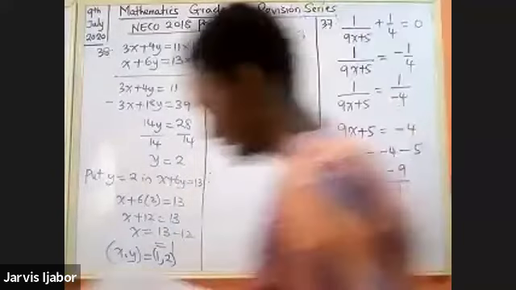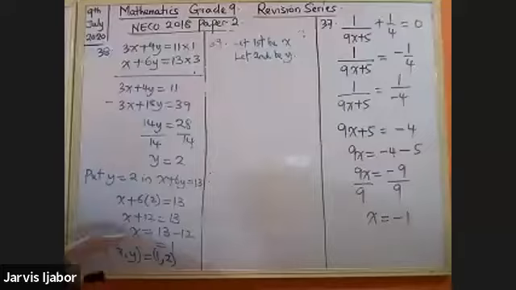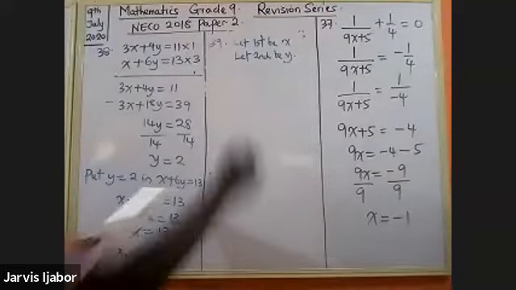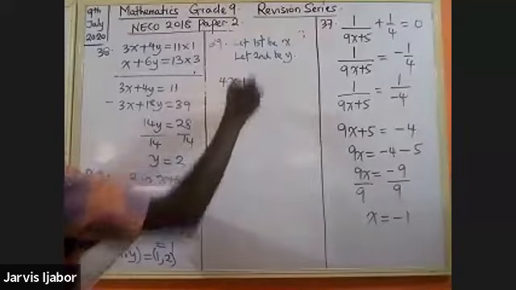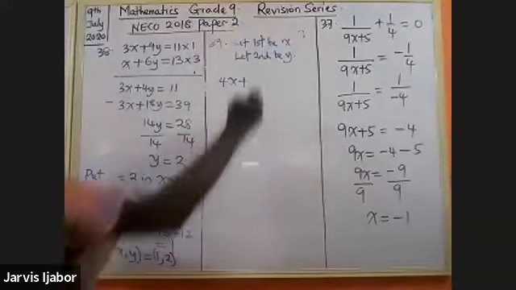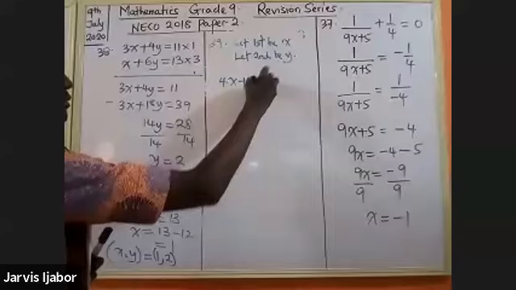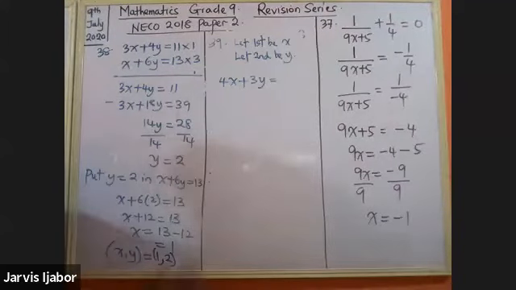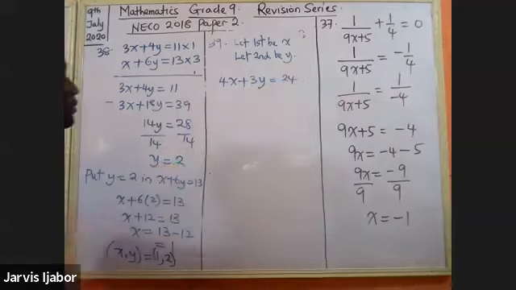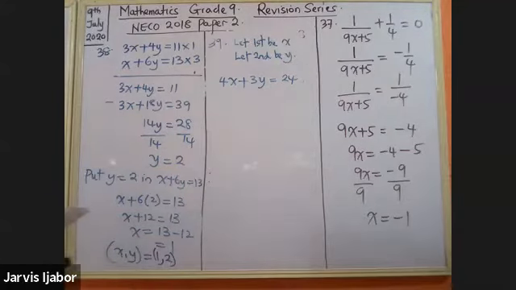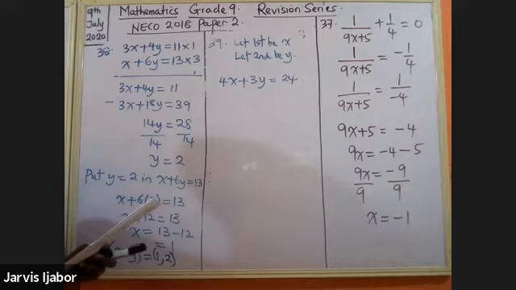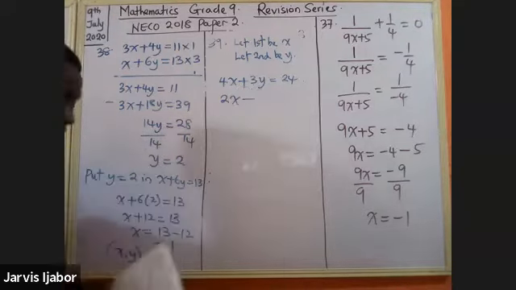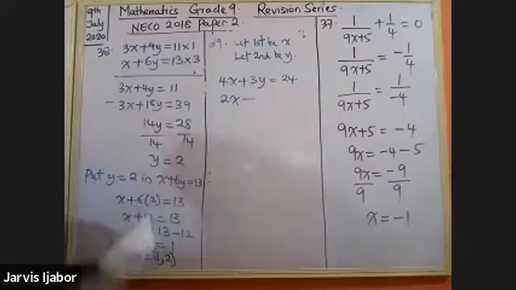All right, so with that, we can now solve and say the sum of 4 times the first plus 3 times the second will be equal to what? 24. And the difference between 2 times the first minus 3 times the second.